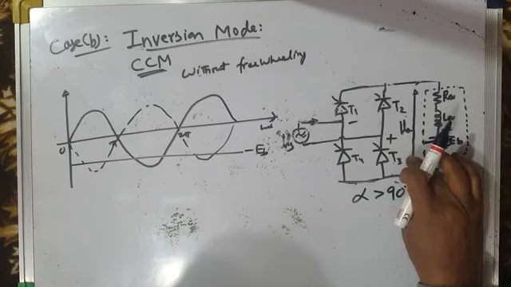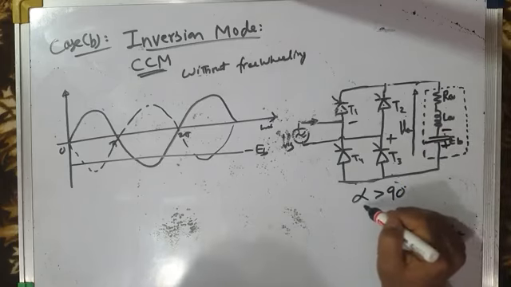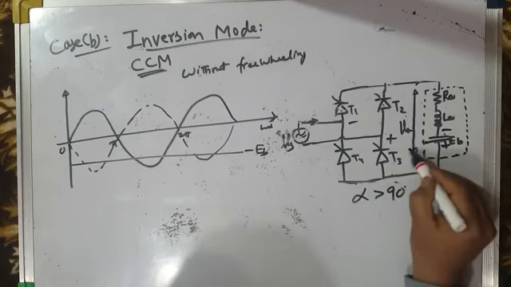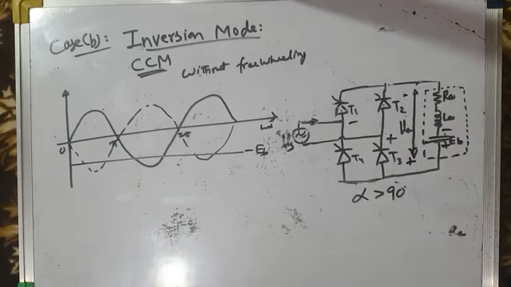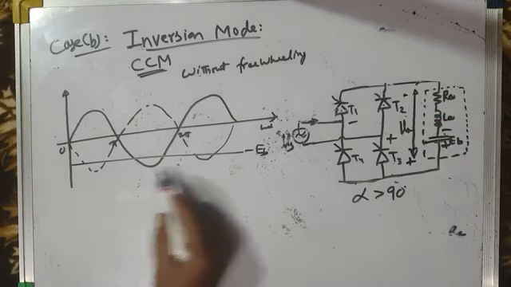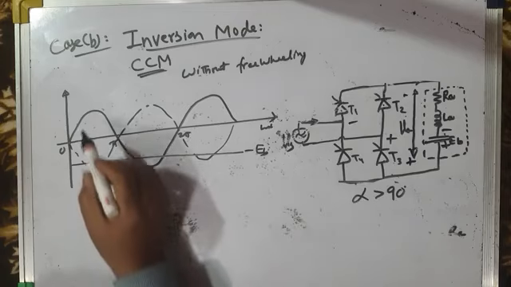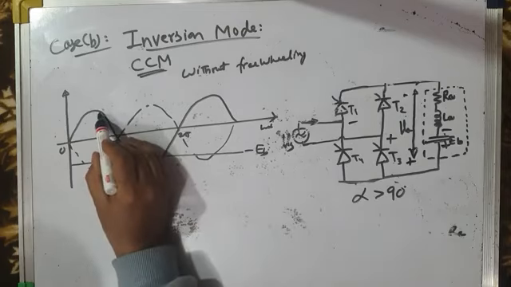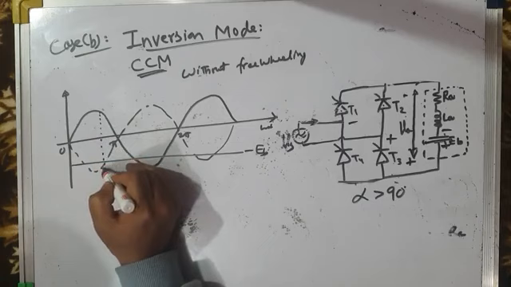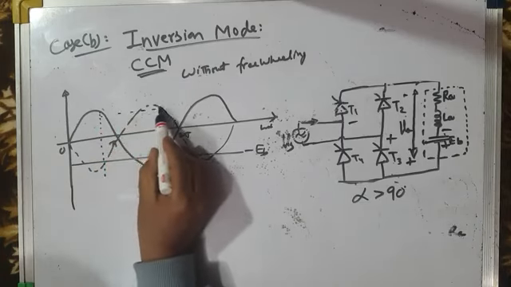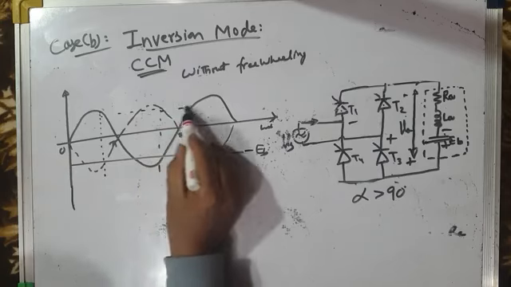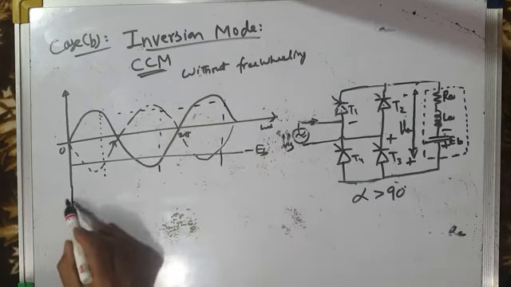And since we are operating the converter in the inversion mode of operation, alpha greater than 90, the average load voltage will also reverse. It will be plus minus like this. Okay, so EB has become minus now. Let us assume this is the firing angle alpha, and then this will be pi plus alpha, this will be 2 pi plus alpha, and so on.